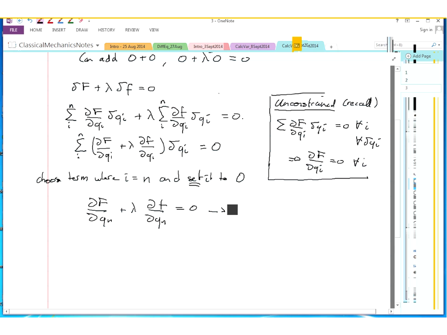And that's an equation that gives us lambda. So we choose lambda such that this term here is equal to 0. So we've now chosen lambda on purpose. We just added this arbitrary constant in here. It's our choice, right? It's 0 plus something times 0. So we can choose that something so that the last term is equal to 0.